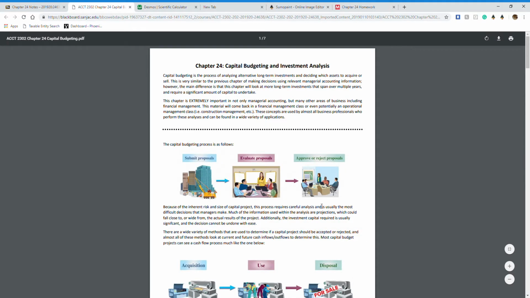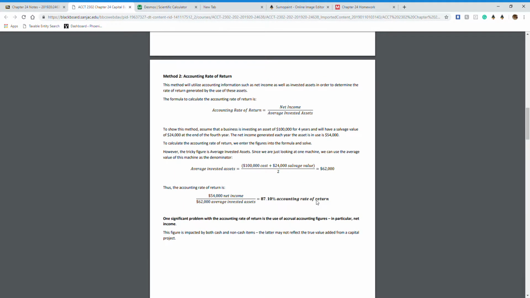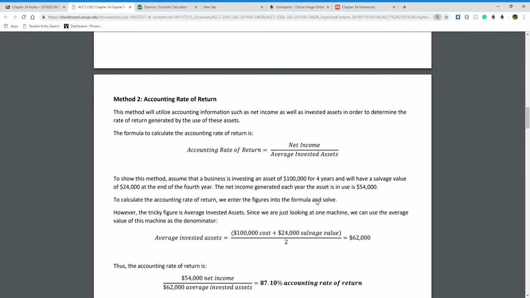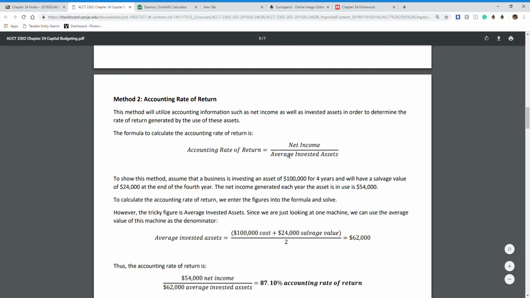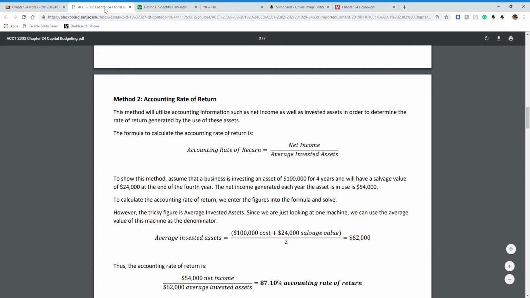Find the rate of return, which is right here. Blow up, and you're going to find that's net income over average invested assets. But we've got to get average invested assets: cost plus salvage value.